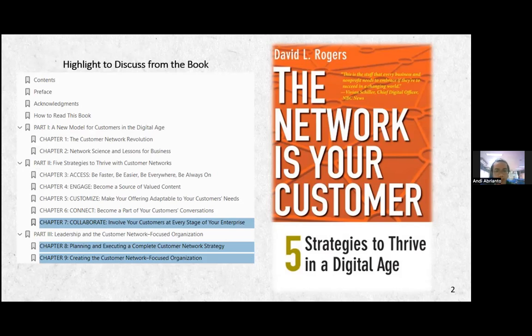And now I will explain chapter 7, collaborate, involve your customer at every stage of your enterprise, the last strategy of customer networks, and also part 3 of this book, leadership and the customer network focus organization, which consists of 2 chapters. Chapter 8, talking about planning and executing a complete customer network strategy, and chapter 9, creating the customer network focus organization.